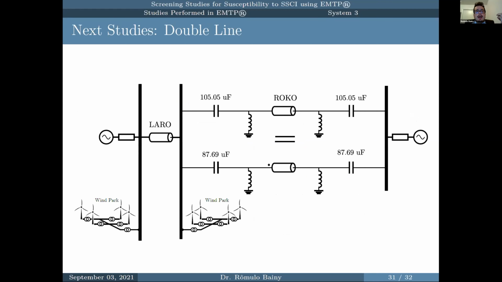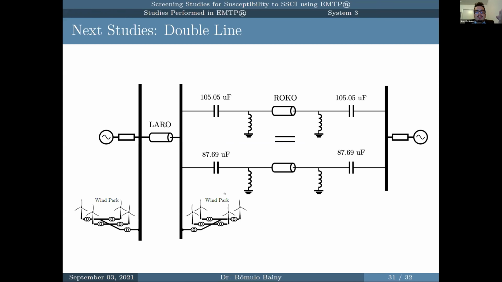About the other study, this is a double line based on a system from South Africa. This is a double circuit transmission line, and we have different compensation levels for the line. And also we have a line between these two buses where we can hypothetically connect wind parks.